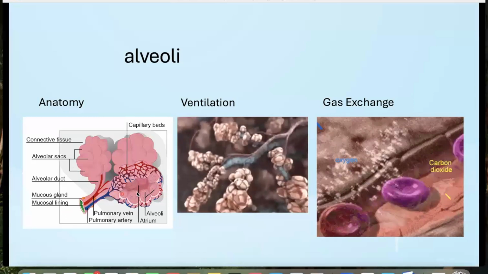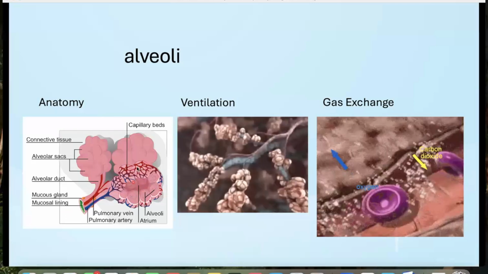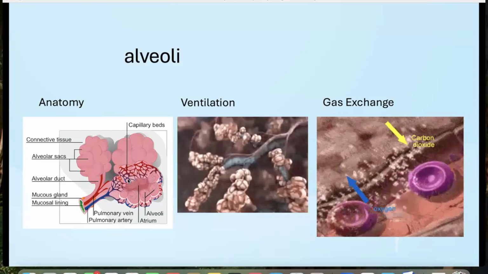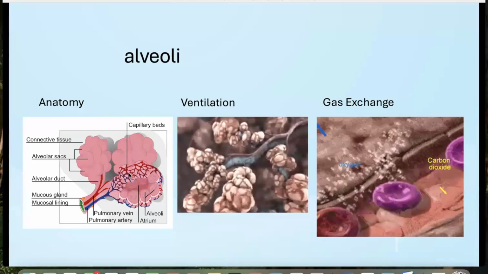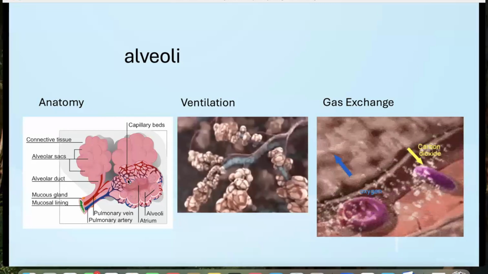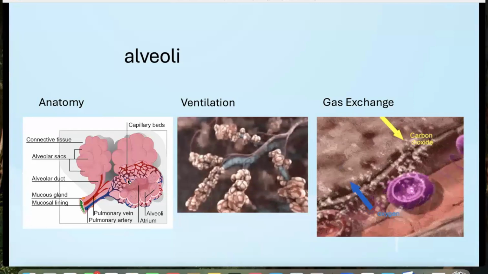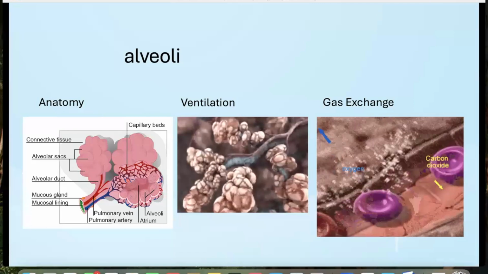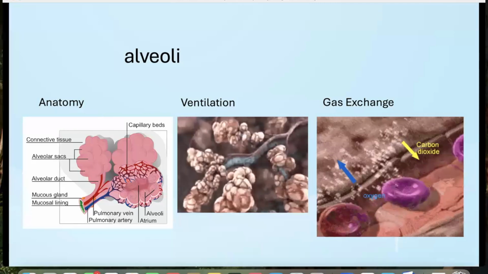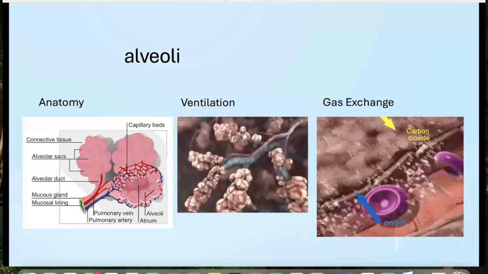So air comes rushing in, which expands the alveoli. They're covered in this capillary membrane that basically provides a ton of surface area for the blood to come into contact pretty closely with the outer atmosphere.